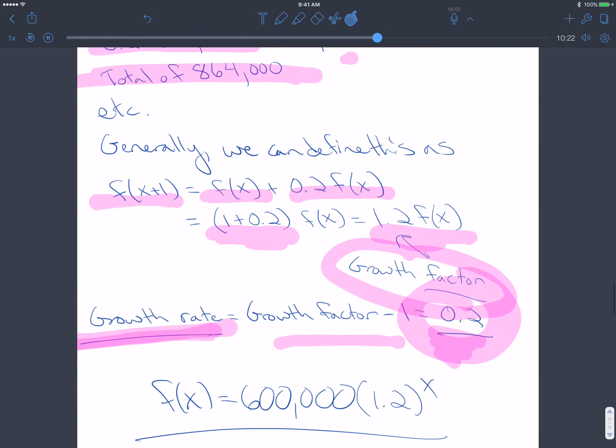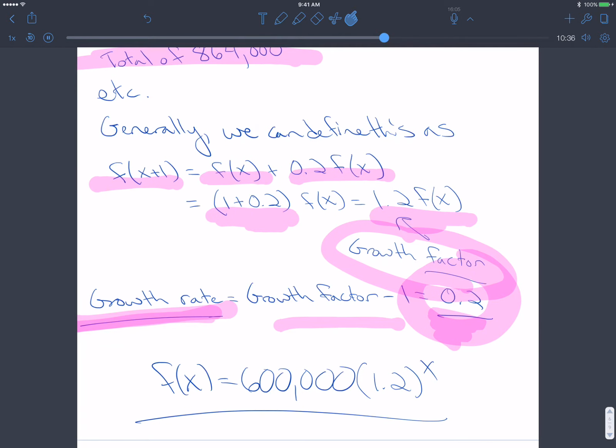So in answer to all of the questions for this problem, the exponential model would have been the initial value, 600,000, times 1.2, which is the growth factor, raised to the xth power, and our growth factor was 1.2, and our growth rate was 0.2.